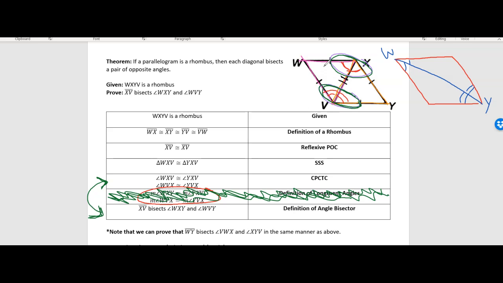Again, for sake of time, for sake of space, we're just going to prove it one way. Just note that you could also do it the other way. And if you wanted to, you could go work it out on your own on a separate sheet of paper using the different congruent triangles to do that.